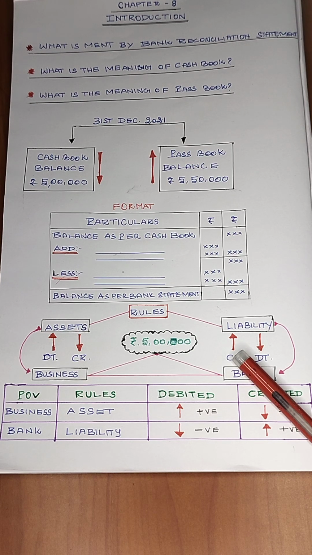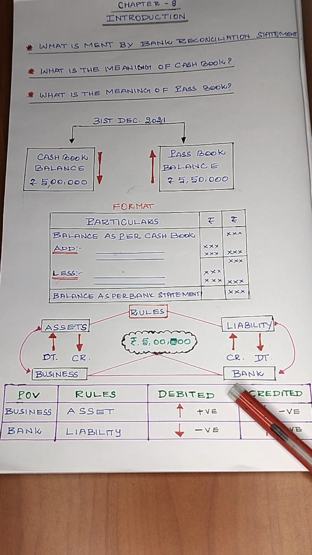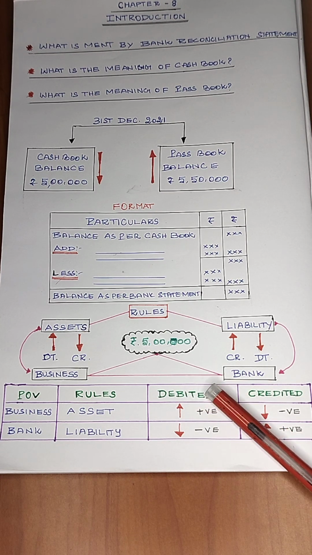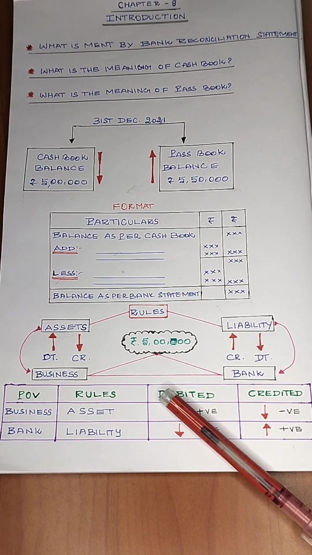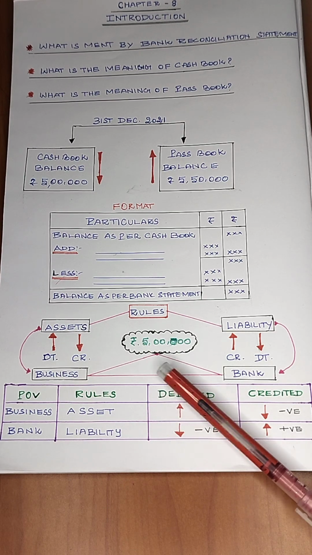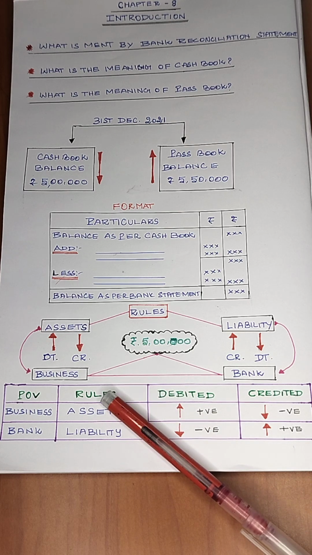Why? Because the bank is just storing that money. It's just keeping and safeguarding it. That 5 lakh rupees is not an asset for the bank because it doesn't own it. That 5 lakh rupees is money for the business.